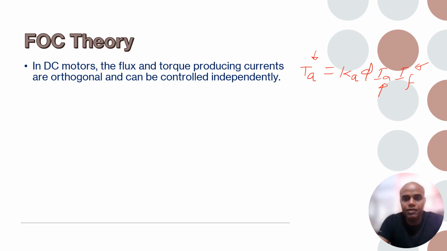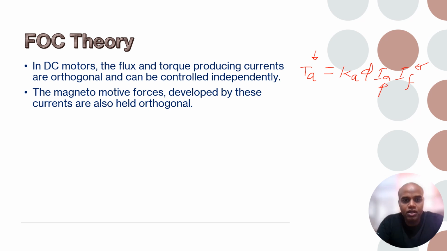In the DC separately excited motor, the flux component and the armature component are both decoupled. However, in AC motors, the flux component and the torque component are not decoupled.